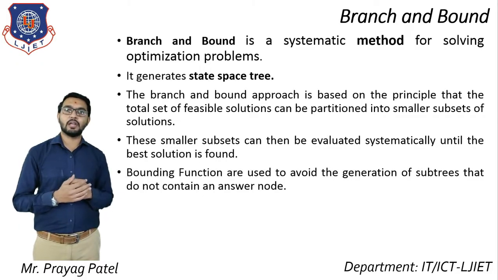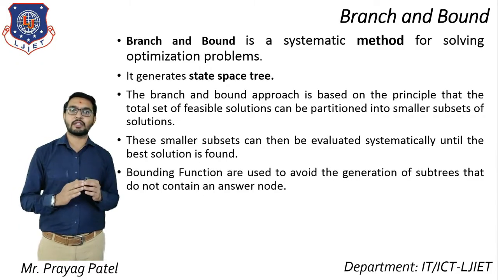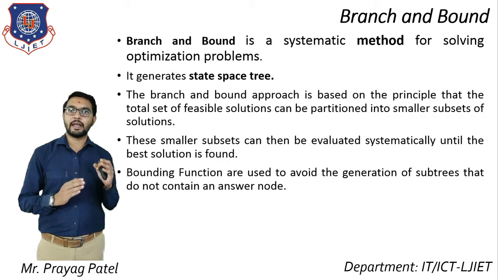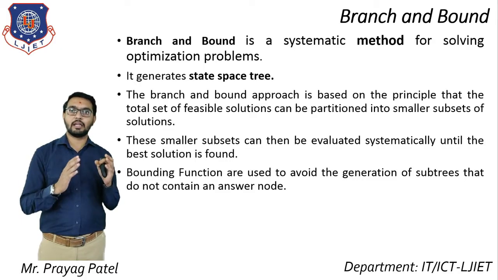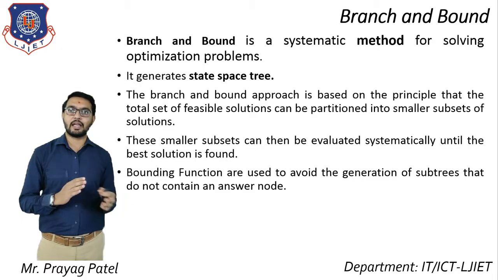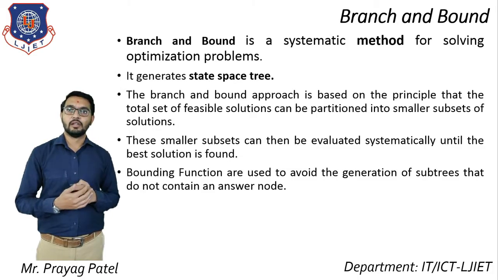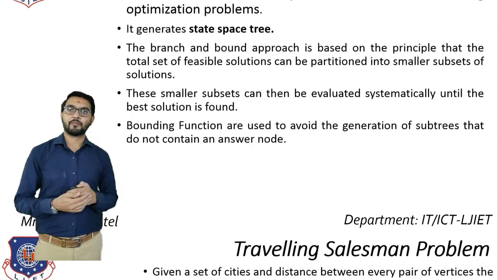Bounding functions are used to avoid the generation of subtrees that do not contain the answer state or answer node. So here we can say it is the removal of the extra edges from the given state space tree.